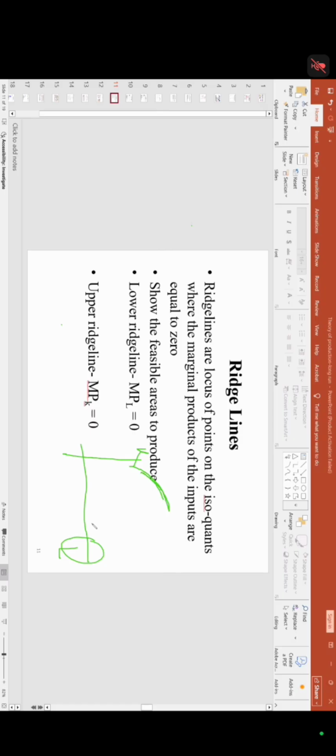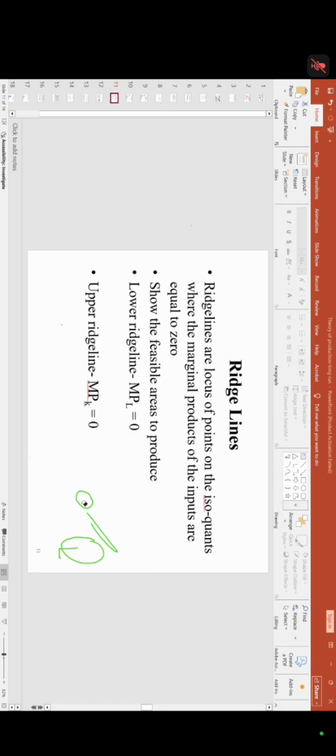From this region you are going to identify the feasible region to produce. For example, let's say this area is your feasible area. If you use this much of input, you can produce this much. This is your feasible area to produce. Clear? I will explain it through the diagrams.